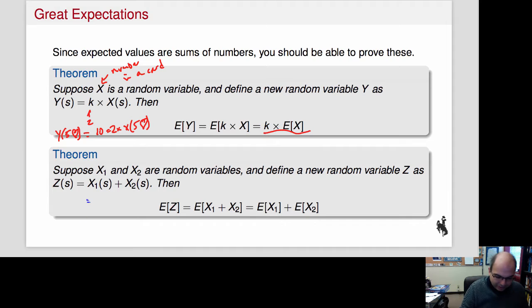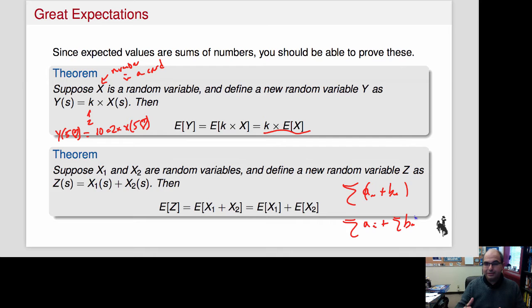Likewise, if I have two random variables and I define a new one as the sum of those two random variables, then the expected value of the sum is in fact the sum of the expected values. Again, I have a sum of a sub i plus b sub i, and I'm just factoring that as the sum of the a sub i plus the sum of the b sub i. That's the basic reason why that theorem holds.